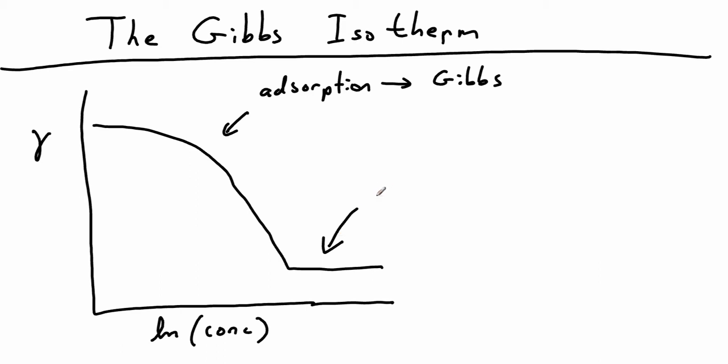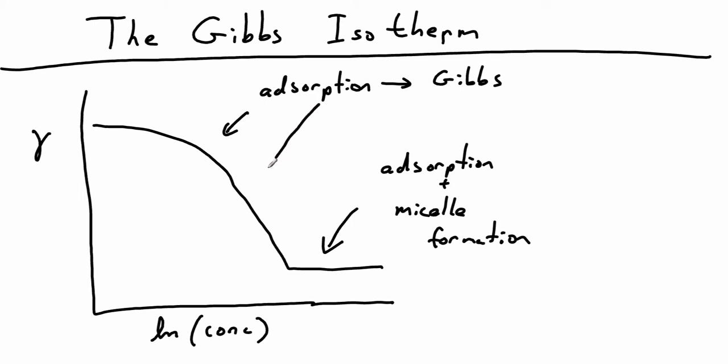And the reason for that is over here, we have adsorption still, but competing with it, we have micelle formation. So when we use the Gibbs adsorption isotherm, we're going to apply it to this part of the curve and not to the flat part. Okay, so really, we're just talking about this right now.